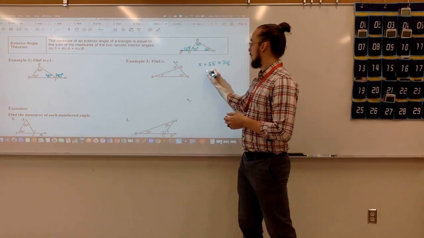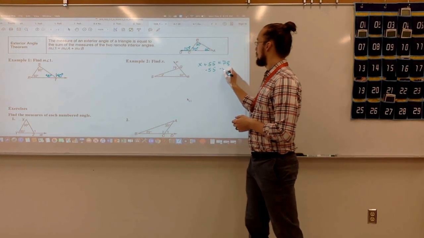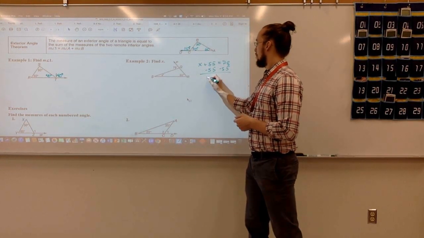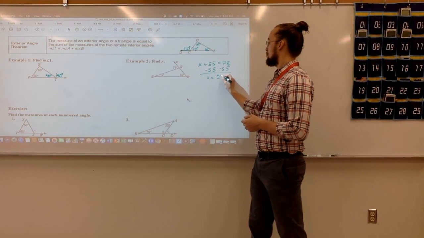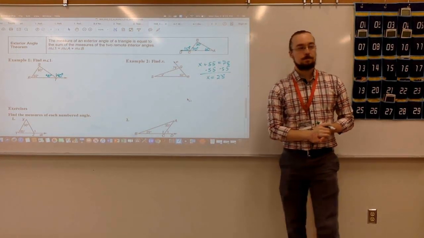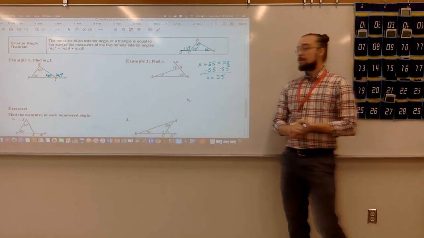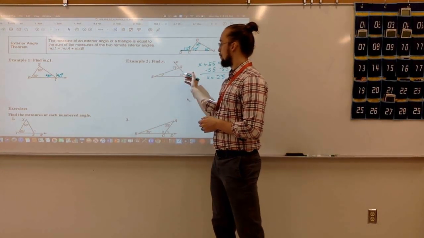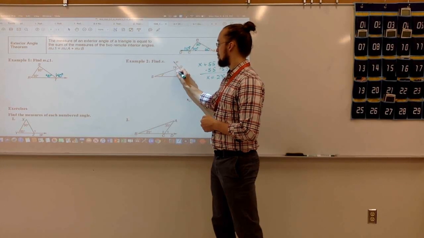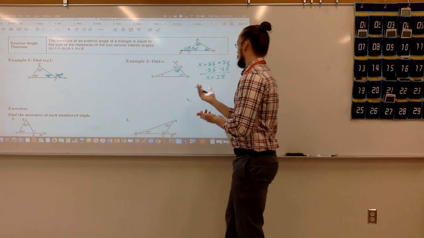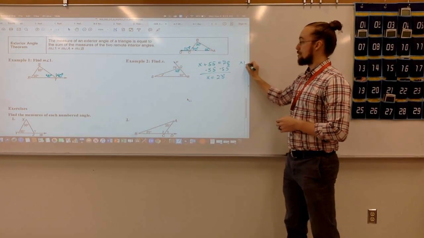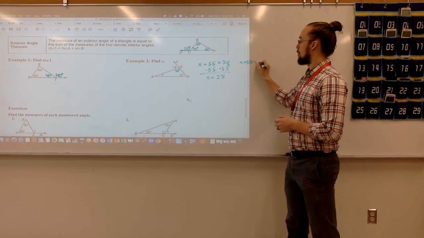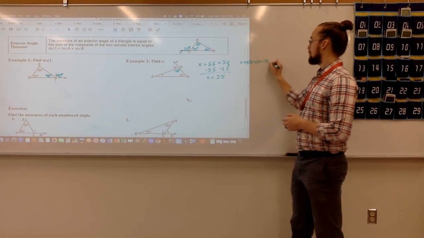Then subtract the 55 over. We get x equals 23. Or we could have said, well, if this angle is 78, this one would be 180 minus 78, so 102. Then we could have set it up as x plus 55 plus 102 equals 180.